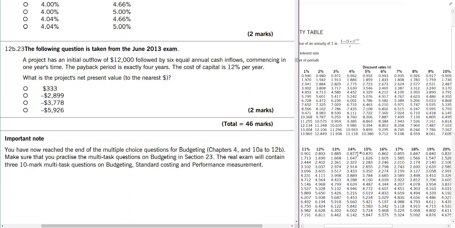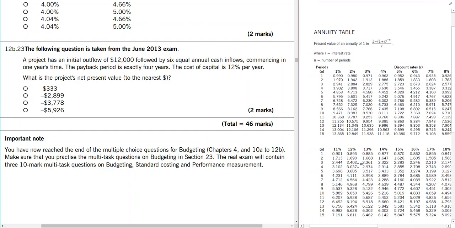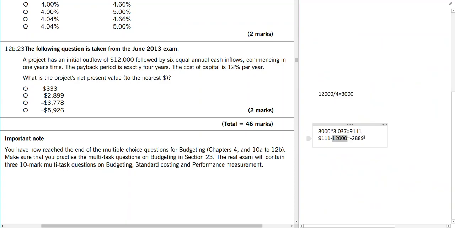Let's look at the table. Sorry, I've taken the discount factor for 4 years, but the cash flows are for 6 years. The payback happens in 4 years, but our actual cash flows are for 6 years. So we have 333 as the answer, which is A here.